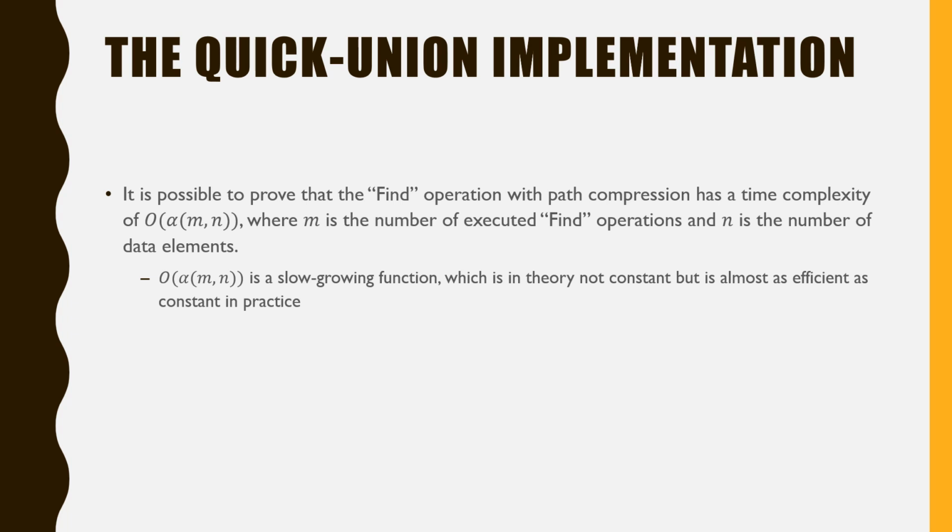The function alpha is a slow-growing function that is effectively constant for any practical input size. While the time complexity is not strictly constant in theory, the actual running time is very close to constant time in practice. Due to the complexity of the proof, we omit the detailed analysis here.